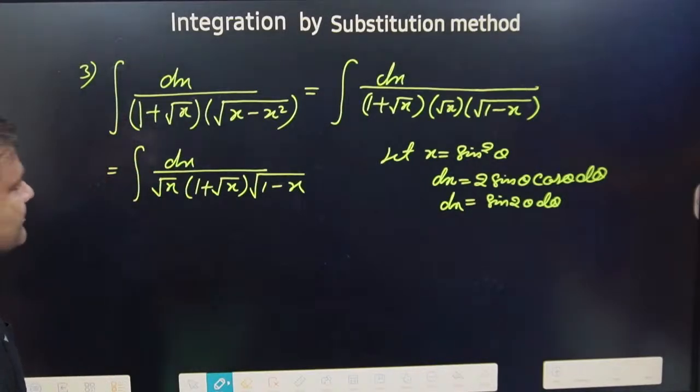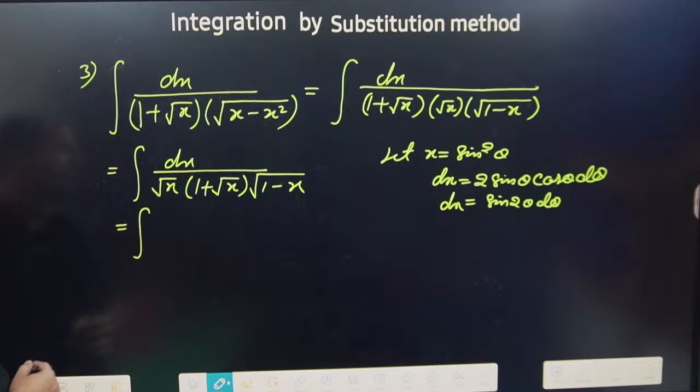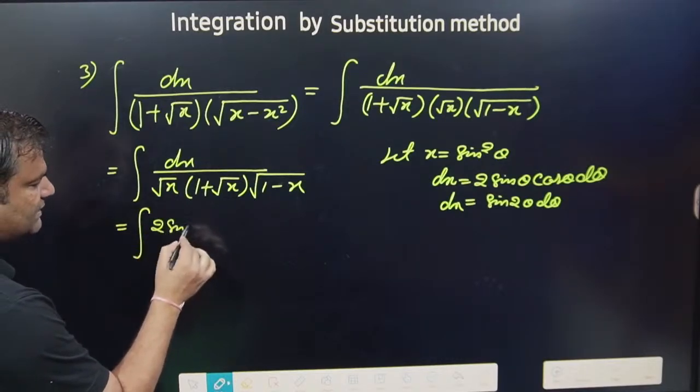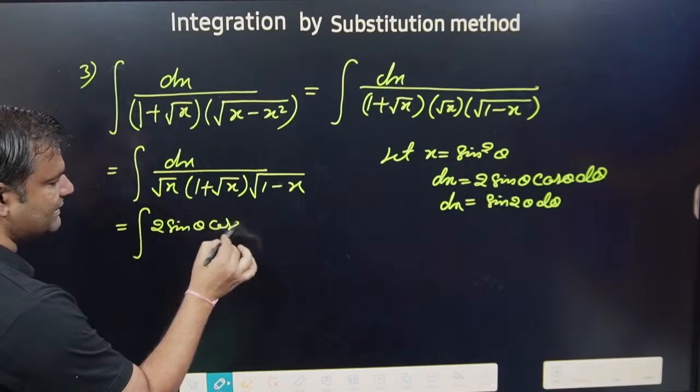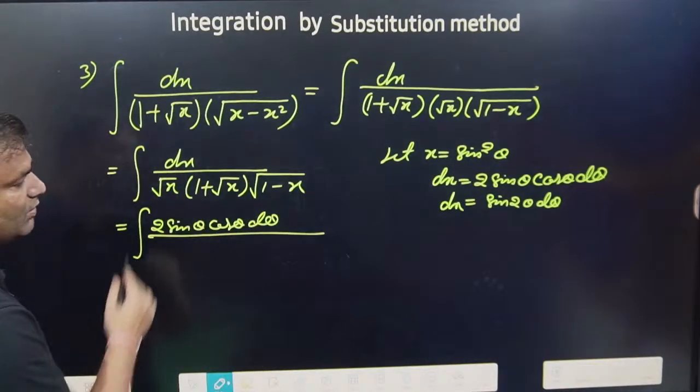So that is written as 2 sin theta into cos theta d theta divided by, what about that value?